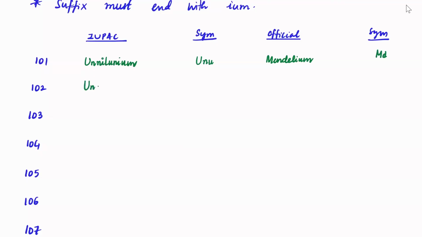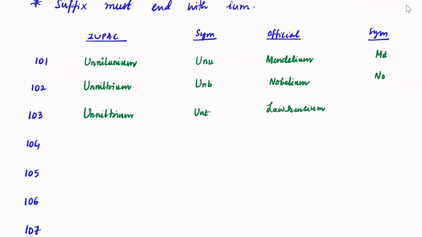102 is now Unnilbium, UNB, and the official name is Nobelium, which is NO. 103 is Unniltrium, UNT, and that is Lawrencium, which is LR.